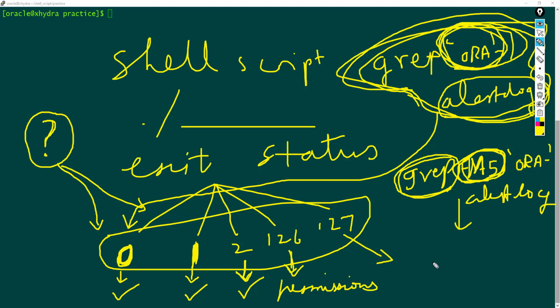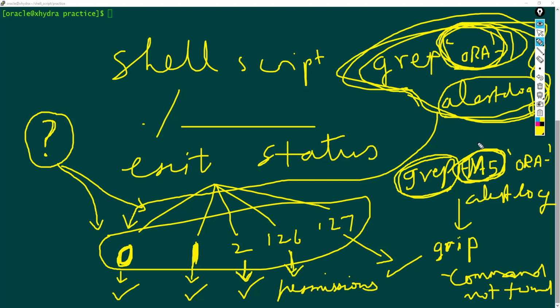And if you are using any command which does not exist in Linux, like if I use egrep instead of grep, and mistakenly replace this E with I, then I will get a command not found error. This command not found error has the code 127.